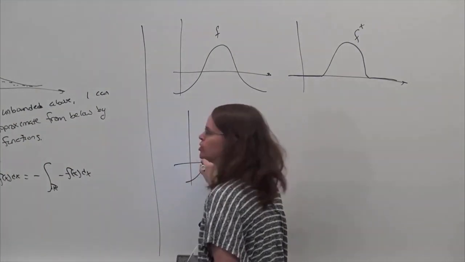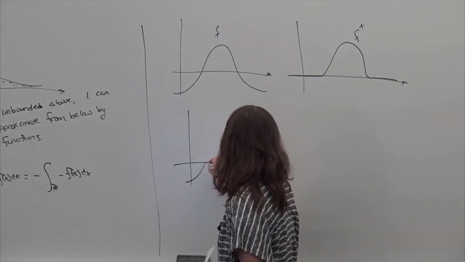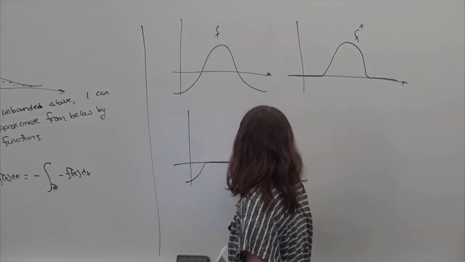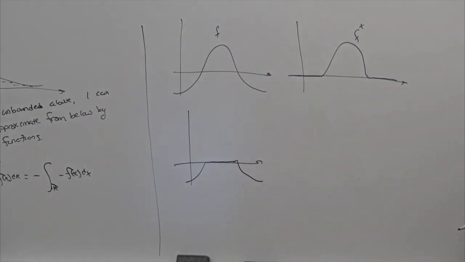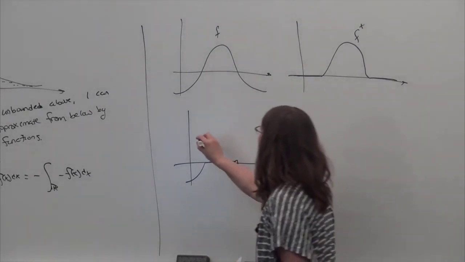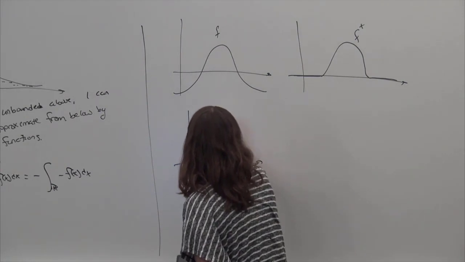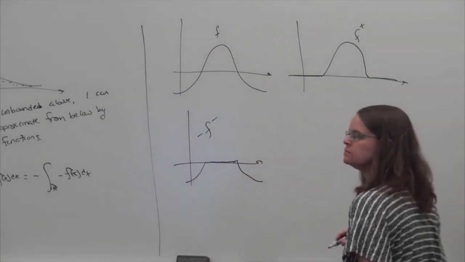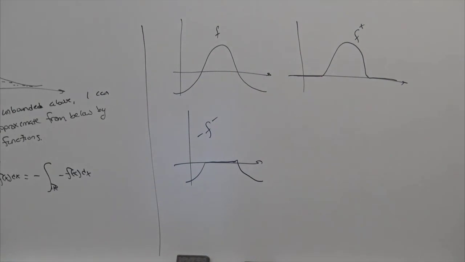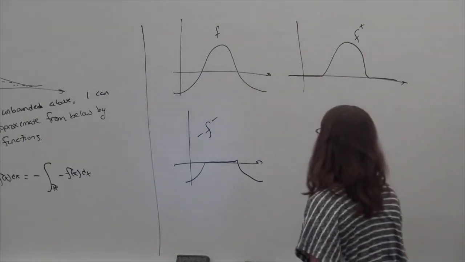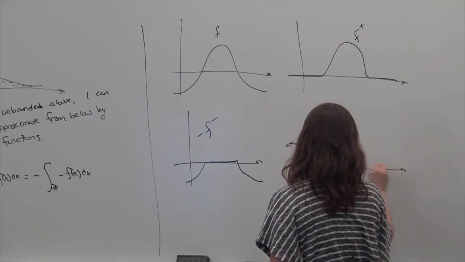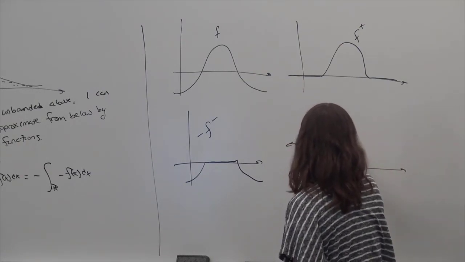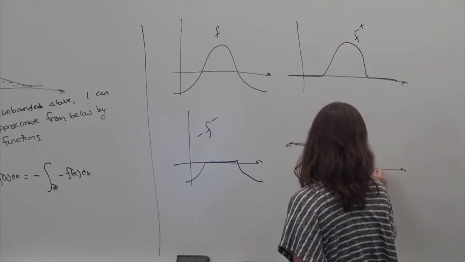If less than or equal to 0, we keep it. If it's positive, we kill it. And this I'm going to call minus the negative part. So this is equivalent to the actual negative part, which we're going to reflect here.